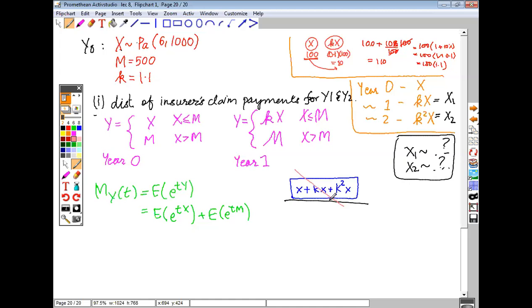It becomes easier because we can express y in terms of x and we know the distribution of x, so by using the formula it becomes easier. So you do this only for it to be easy.